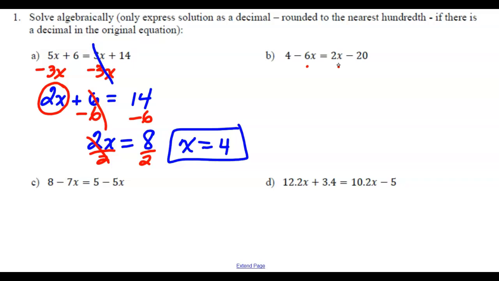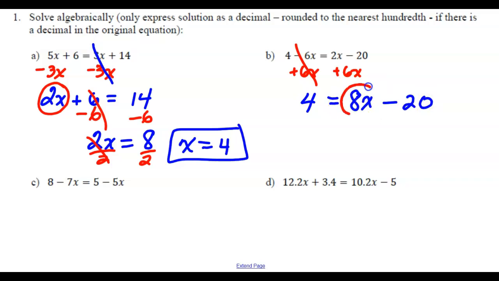It's fine if you do it the other way, but I'm going to add 6x to both sides to get rid of the x on the left. If you bring the 2x over, you'd be subtracting 2x, which is fine. You'll just have a negative x term that you have to deal with at the end. So now we're left with 4 equals 8x minus 20.